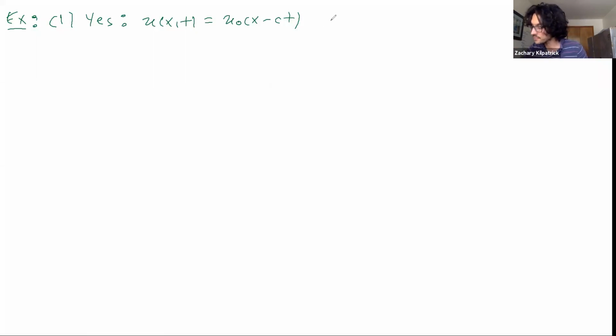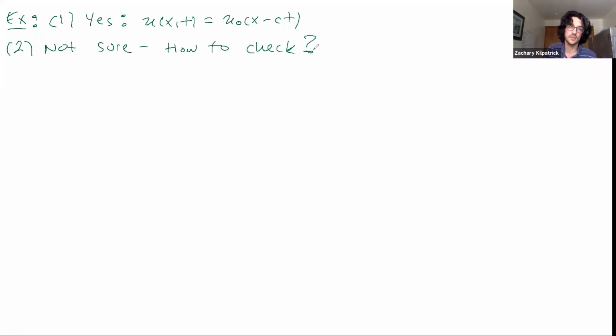The second question is, is it unique? And at this point, we're not sure. We need to know how to check this, and so we'll build up a way of doing this shortly.